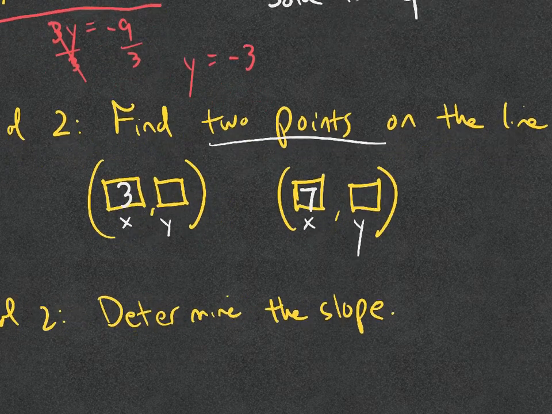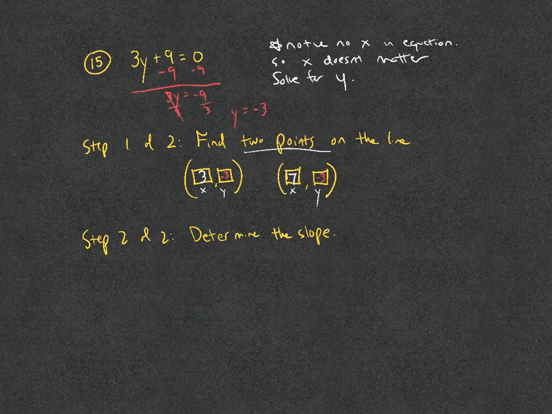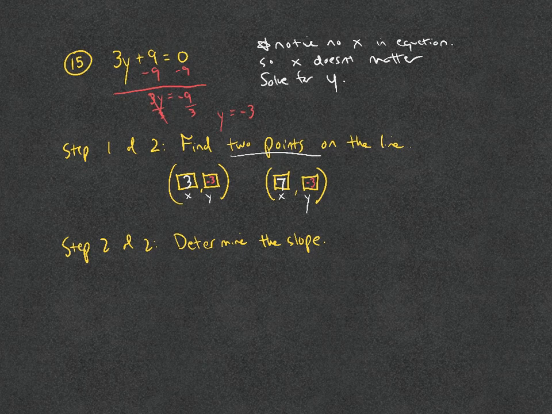So that means both of our y's down here are -3 and -3. And then step 2 of 2, determine the slope. Y only equations are horizontal, and horizontal lines have a slope of 0.